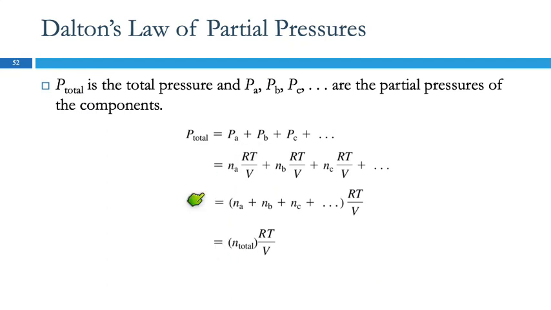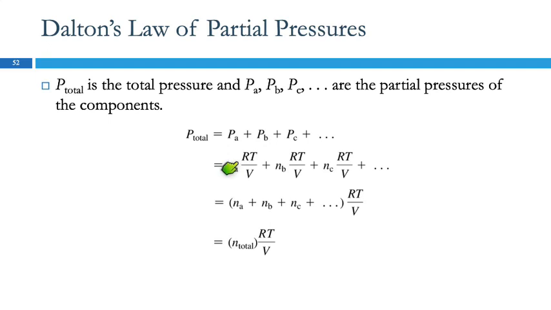So here's math voodoo. The partial pressure of A is going to be the moles of A times RT over V. The ideal gas constant, the temperature, and the volume are the same for all of these gases because they're all in the same container, right?